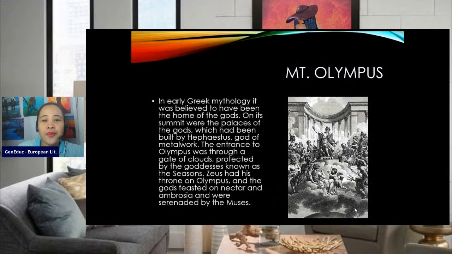Okay, so Mount Olympus. In Greek mythology, it was believed to have been the home of the gods. On its summit were the palaces of the gods, which had been built by Hephaestus, god of metalwork, and the entrance to Olympus was through a gate of clouds, protected by the goddesses known as the seasons.